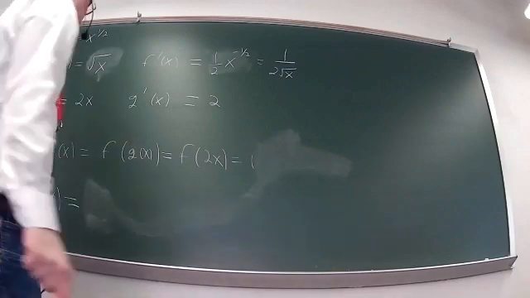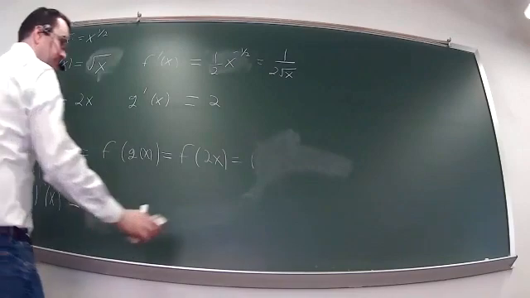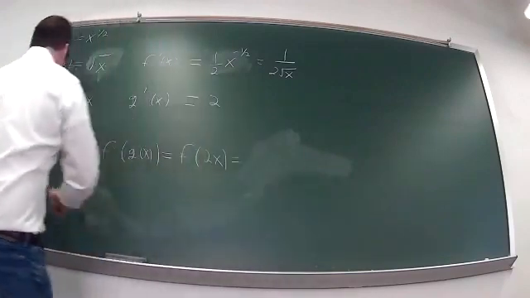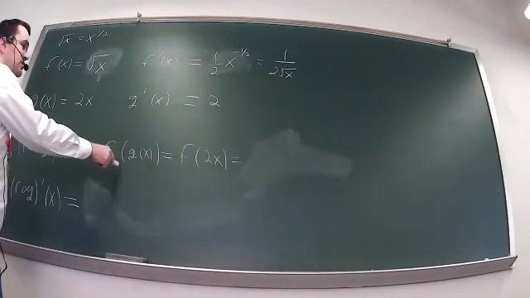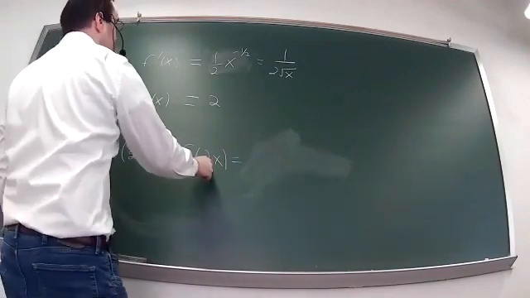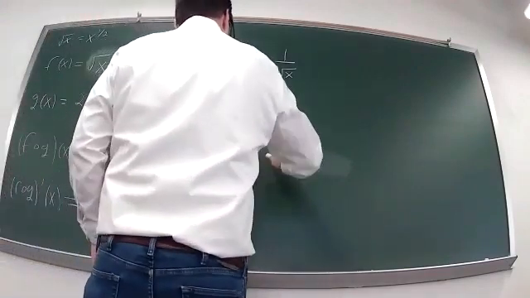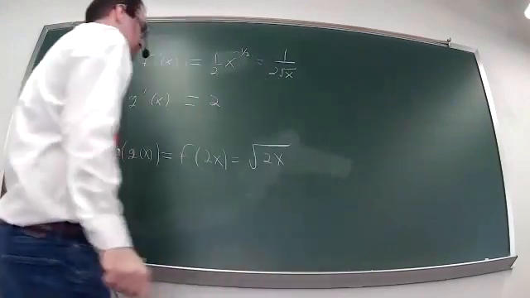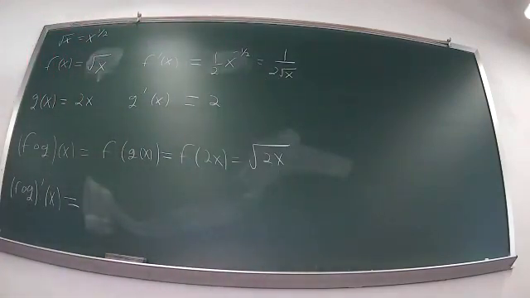And what's the composition? F composed with g, that's f, plug in g of x, that's f of 2x. So that's the square root of 2x. And now what's going to be the derivative of that composition?